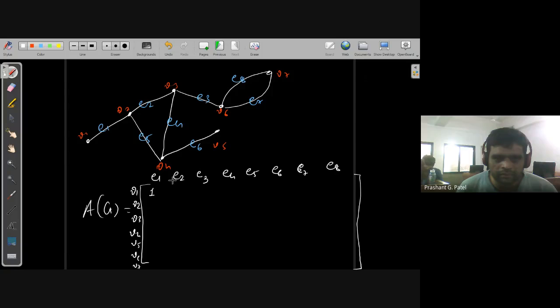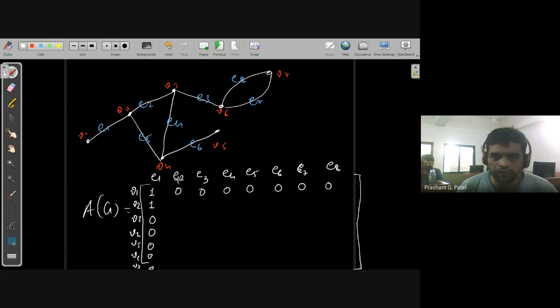Then E2 is not incident with V1, so that's why 0. E3 is not incident with V1, so it is 0. E1 is incident only with V1 and V2, so it is 1 here, and you can write 0 in all other places.